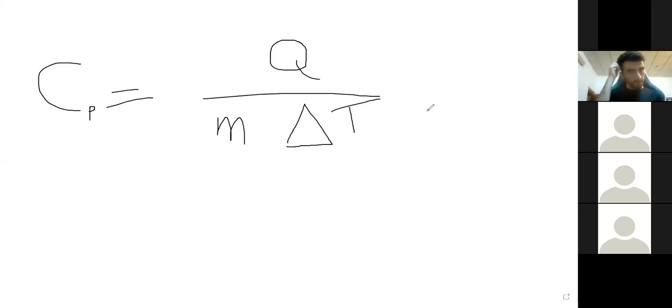Okay, so on page 84, you have specific heat here. Actually, let me write down all the things here. This is specific heat. This Q is heat required, the amount of heat that is required. And this M here is the mass, which is usually 1 kilogram. The standard is 1 kilogram.